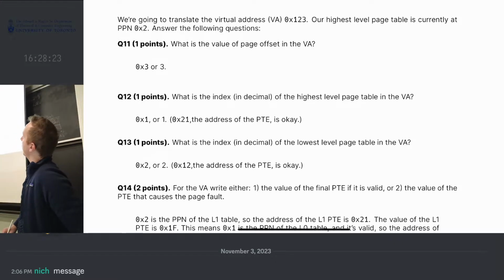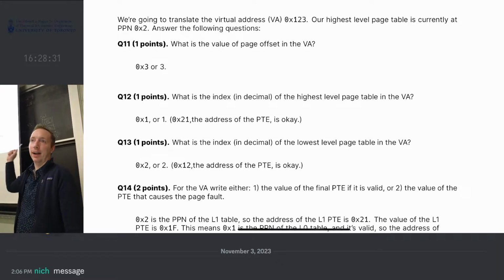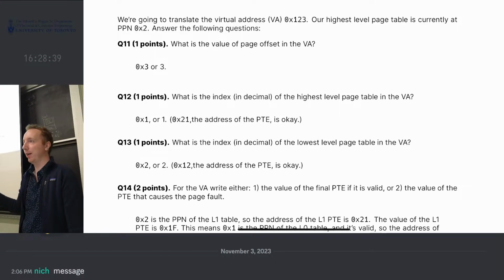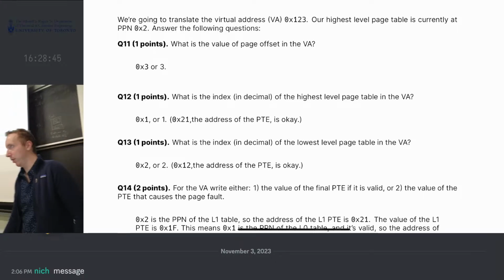In that virtual address, 1, 2, 3, which number is which? And luckily, I was nice to you, and you can just leave it in hex. You don't even have to translate anything, because sometimes they don't line up nicely with hex numbers, and you have to write it in binary, and it's just a complete mess. This one is nice because you don't have to translate.